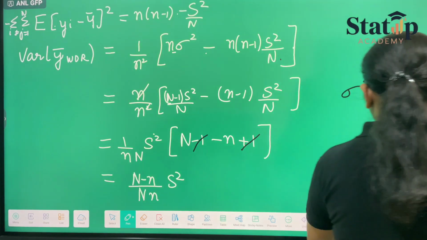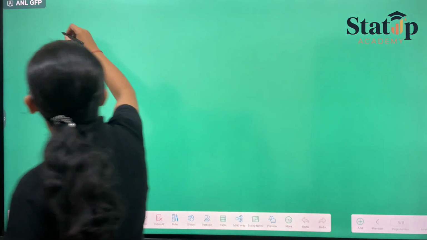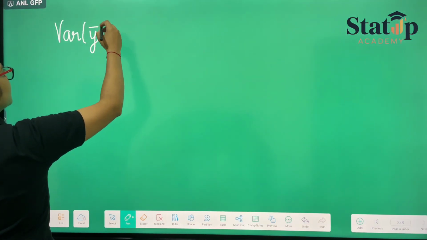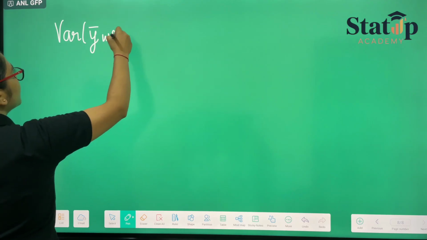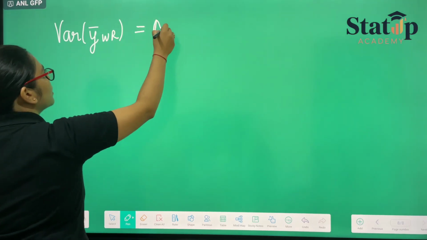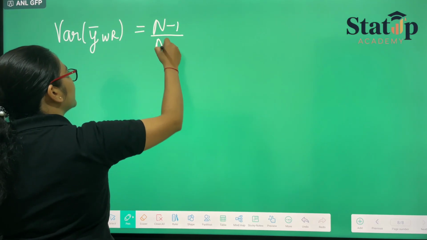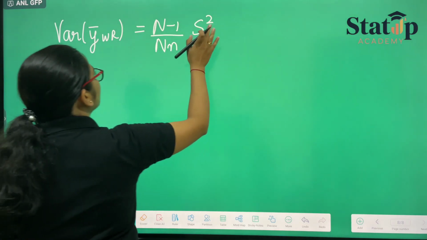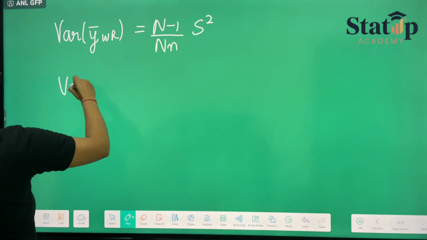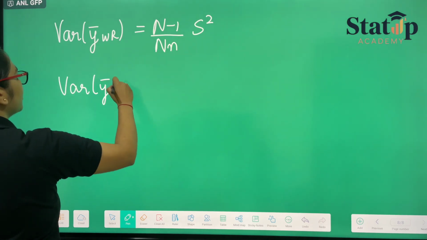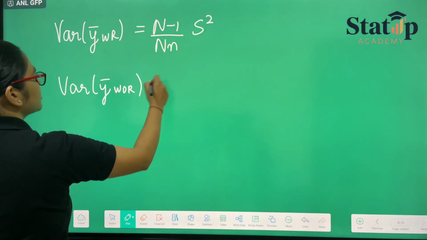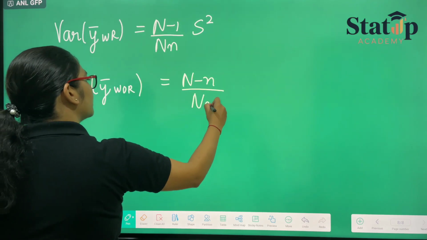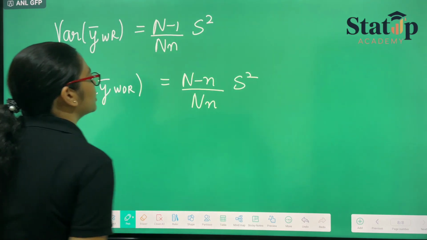So according to the estimation, variance of sample mean with replacement is nothing but (N minus 1) upon N S square, and variance of sample mean without replacement is (N minus small n) upon N n S square.